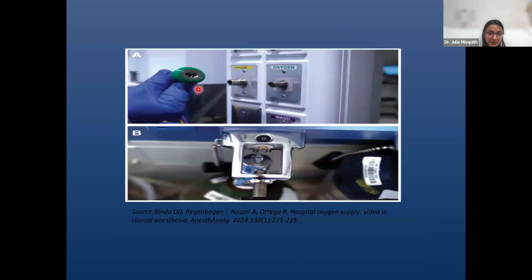Now, like you can see here, this is the pin index safety system, and this is the diameter index safety system. Each pipeline has a unique collar and a connection.